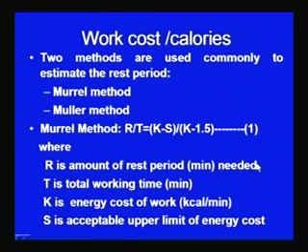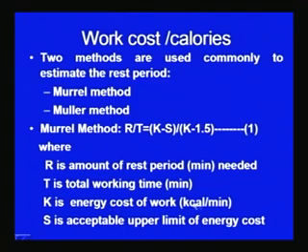To start the work once again, T is the total working time in which work is done, which may be 1 hour or 4 hours depending upon the work period, and K is the energy cost of the work, the amount of energy to be delivered by the worker for carrying out the given job, in kilocalorie per minute.